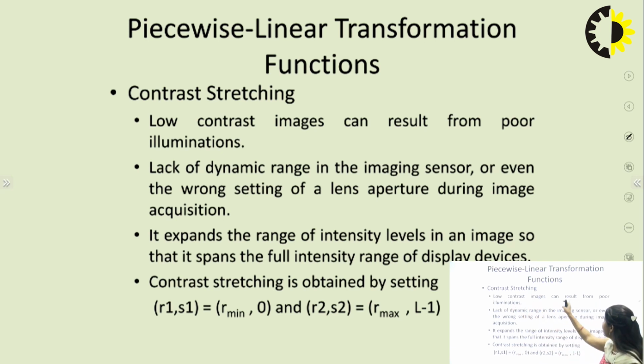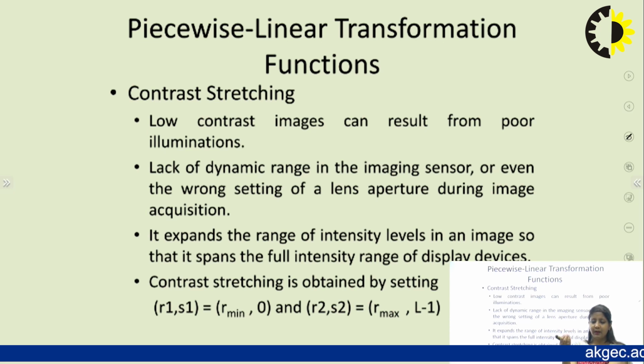A low contrast image can result from poor illumination. What is the source of a low contrast image? When the sunlight is very low and we capture any scene with our digital camera, we will get a low contrast image because the illumination is very poor.